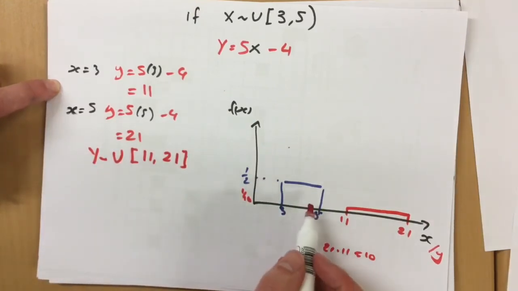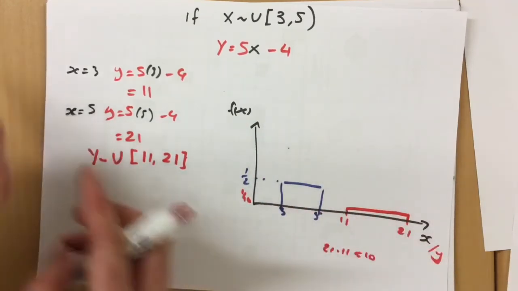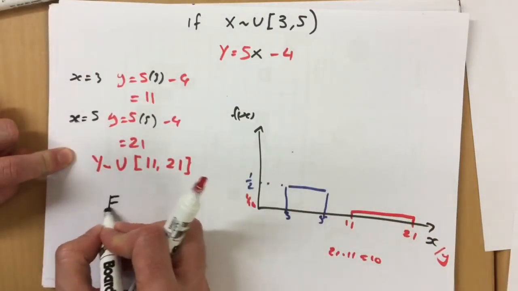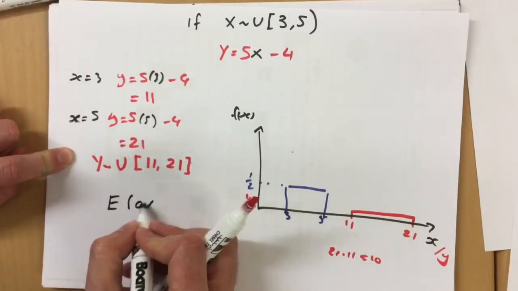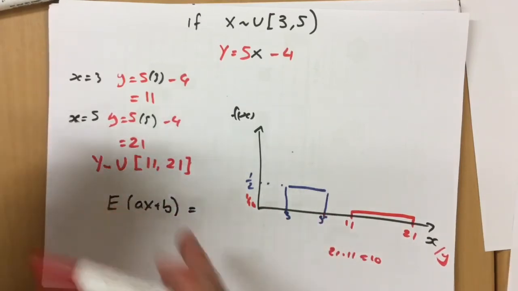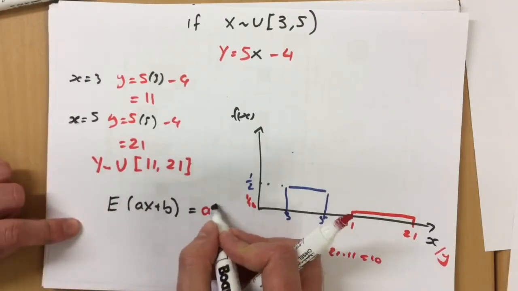Now since this is uniform, and it changes uniformly, we can actually apply the transformation of the mean quite nicely. So we multiply x, we multiply the mean.